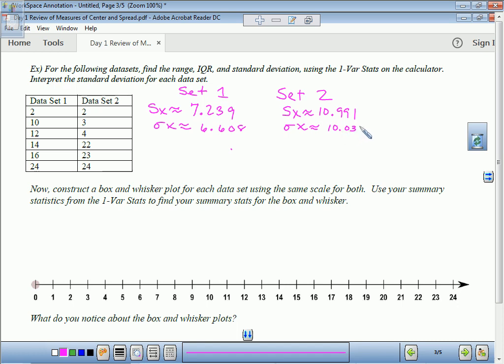10.033? Okay. Now, what this tells me is, when we're talking about the standard deviation as a representation of the spread of the data, I can tell, looking at sample 1, that the data in that sample is closer to the mean than it is in sample 2.